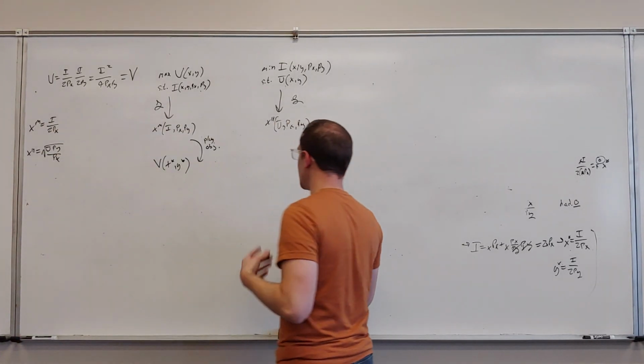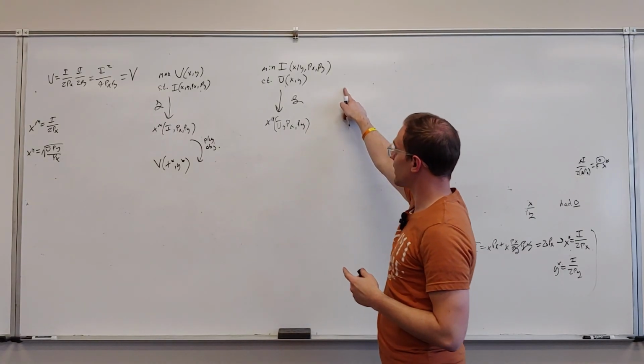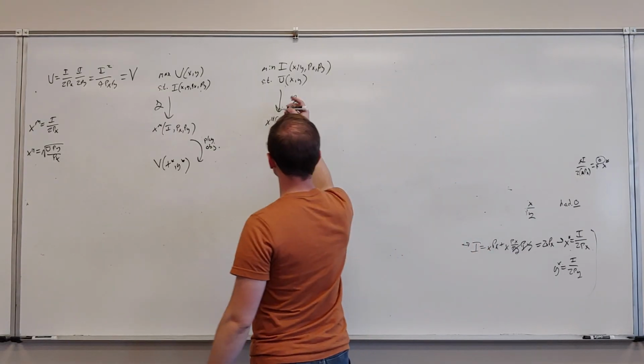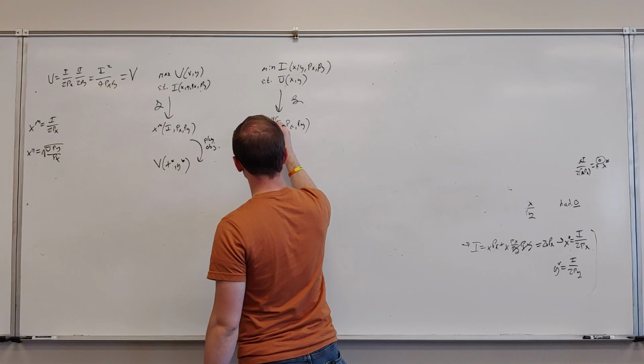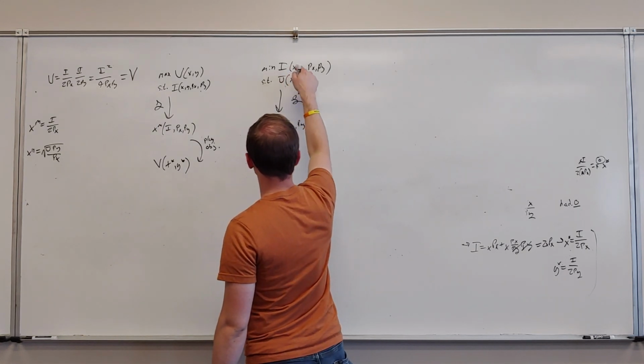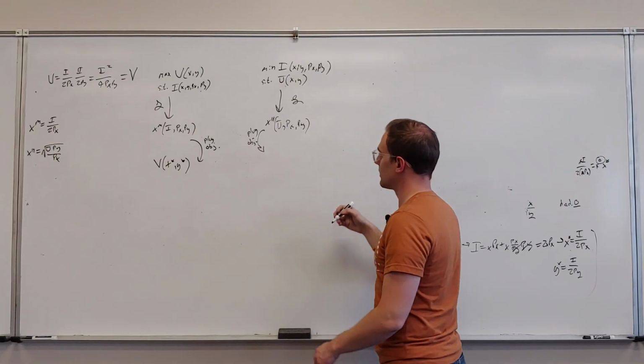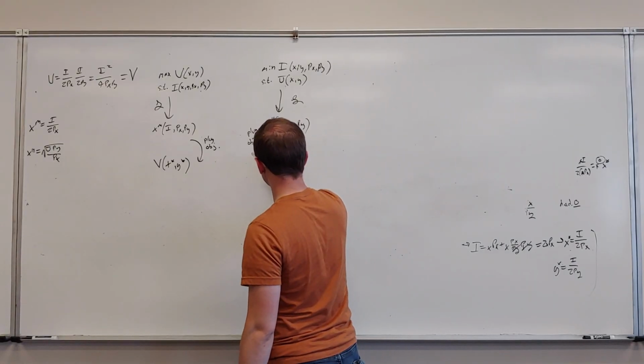In a similar way with Hicksian demand, I plug it back into my initial objective function, which was I, and what I get is an expenditure function.